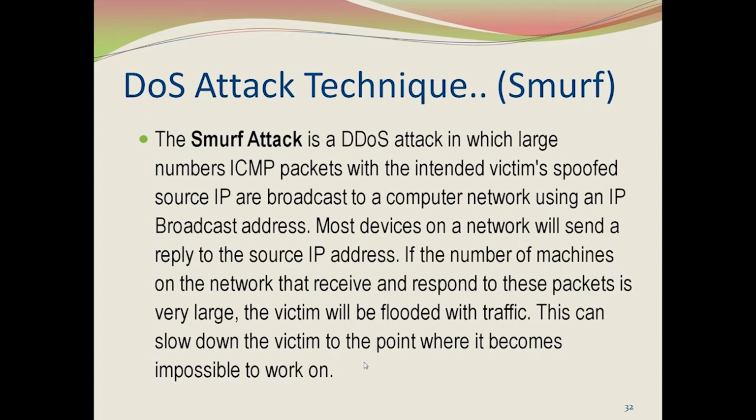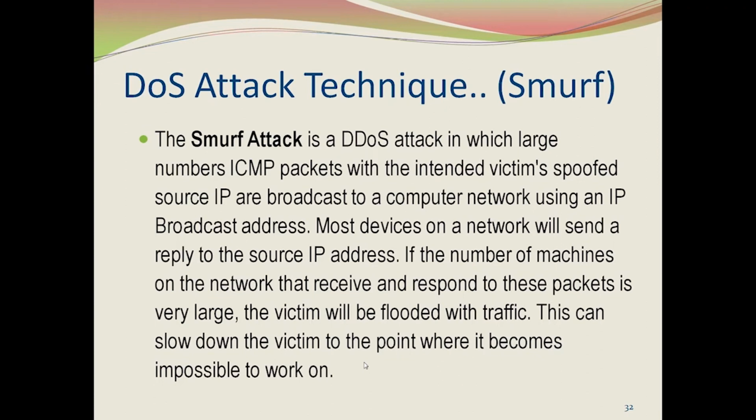So, what does it do? The ICMP packets have the victim's spoofed source address and they are broadcast. Therefore, you understand that at a single point, many other target IP addresses are flooded with messages from one single spoofed address.